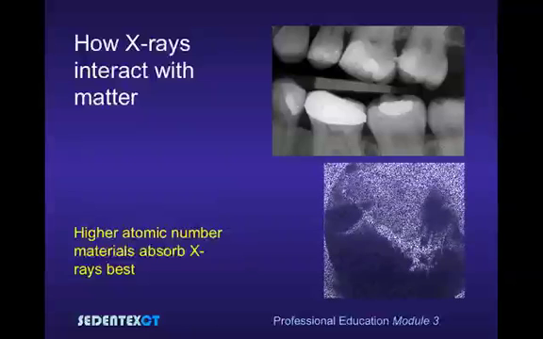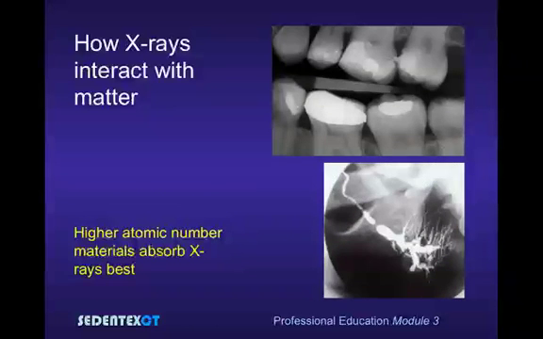In another context, the picture on the bottom right shows a sialogram, a picture of someone's salivary gland produced by injecting a highly radiopaque liquid into the parotid duct. The highly radiopaque material is iodine, and iodine has a high atomic number.